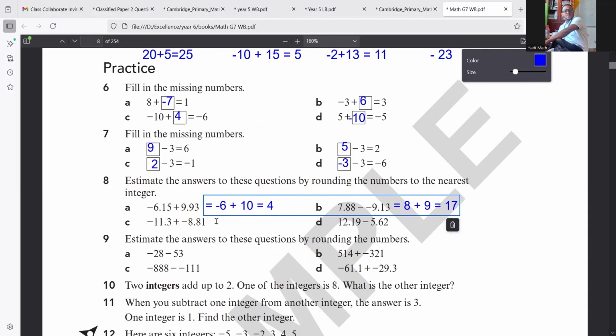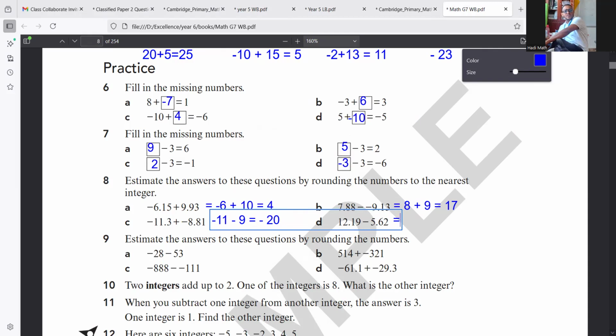Go to the question after that. Negative 11.3 is just going to be negative 11. Plus minus is going to be one sign, which is minus. And 8.8 is going to be 9. And both of them are negative. So you put the negative sign and you add them. It's negative 20. Let's go to question number 3 with the same understanding.